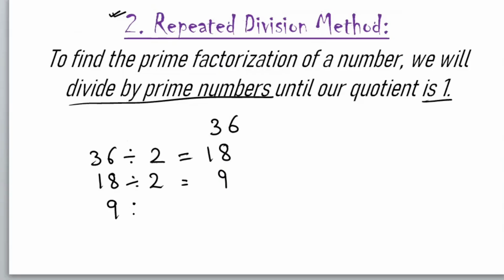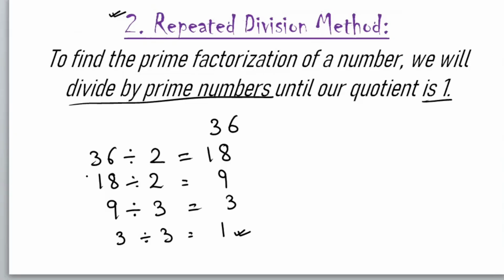Then 9 divided by 3. 3 is also a prime number. It will be 3. We have to divide until our quotient is 1. So now 3 will be divided by 3. It will be 1. Now we get our quotient 1. So we have to stop here.